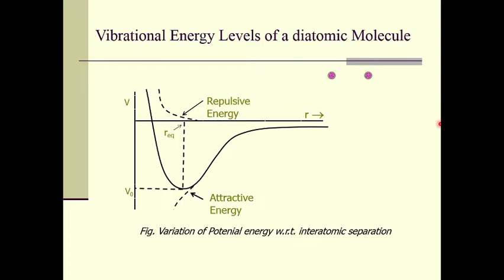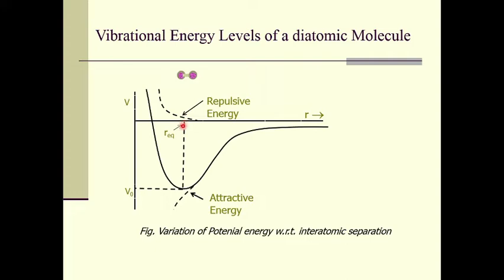But when they approach each other from infinity, as they come closer, their potential energy starts decreasing, right, and at a certain point where the bond is formed, their potential energy will be minimum, right, and that particular separation between the two atoms we call the equilibrium separation or bond length, where the bond is formed.